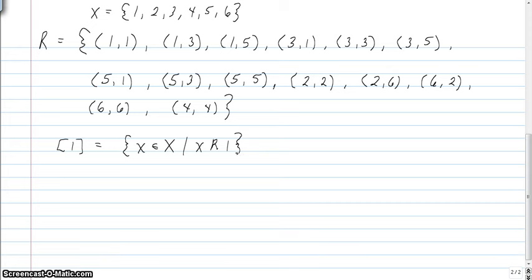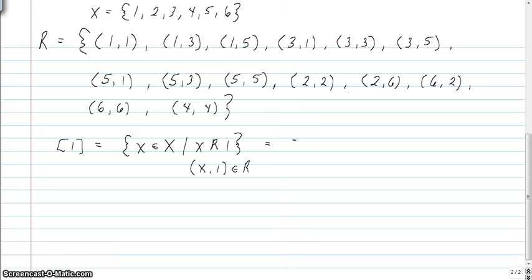In other words, we're looking for anything that's related to 1, so anything that has 1 as the second number in the ordered pair.